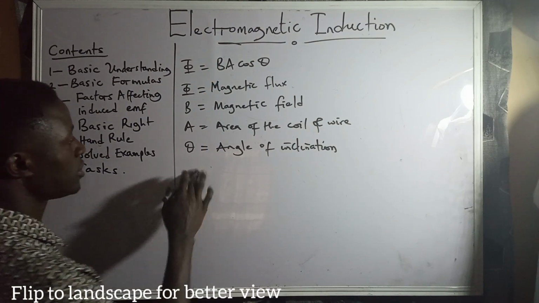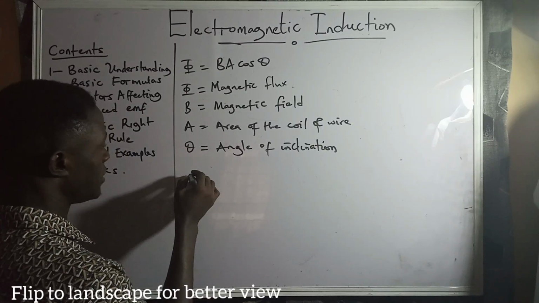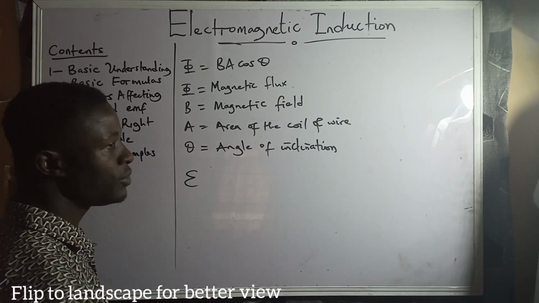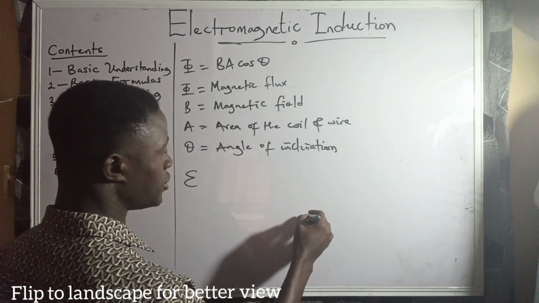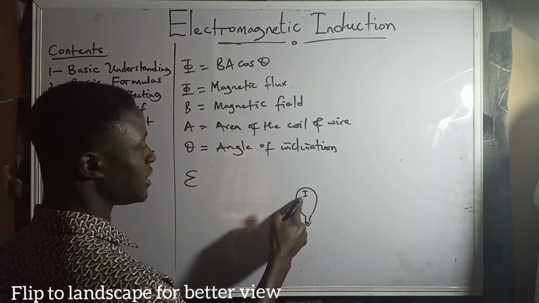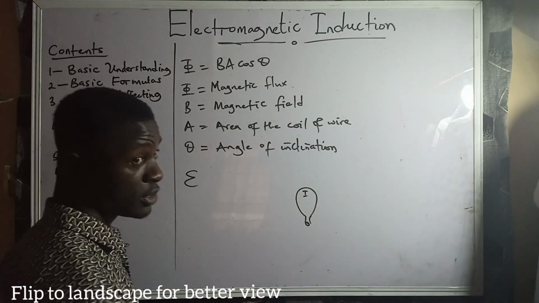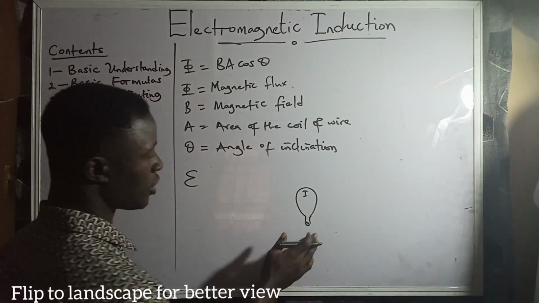Then the second formula that I would give you is the induced EMF. Notice that where I drew this diagram for you the other time, I wrote I here. This is induced current. It can also be induced EMF because when you know your EMF, you can also calculate your current.